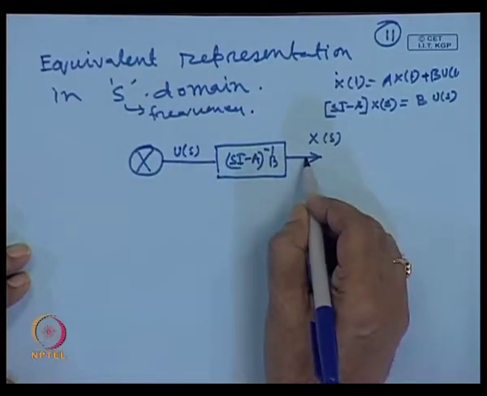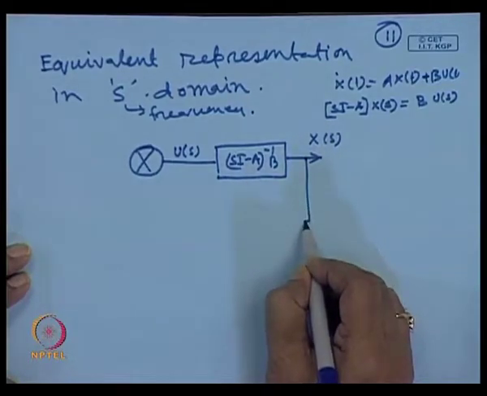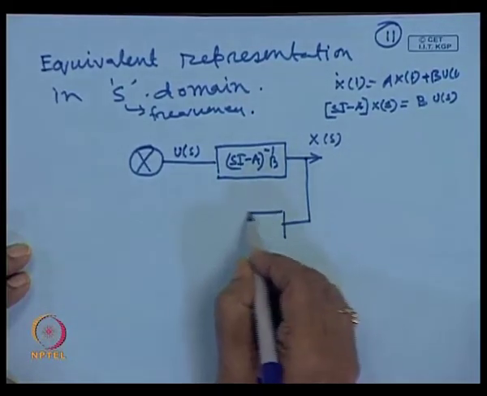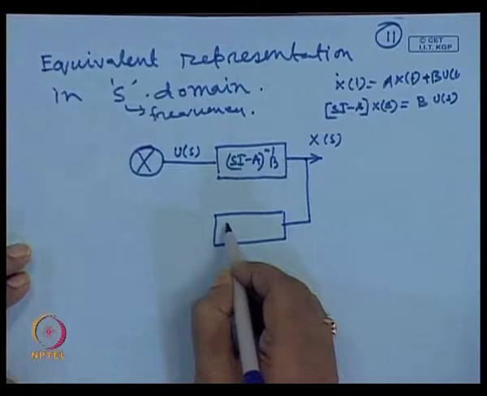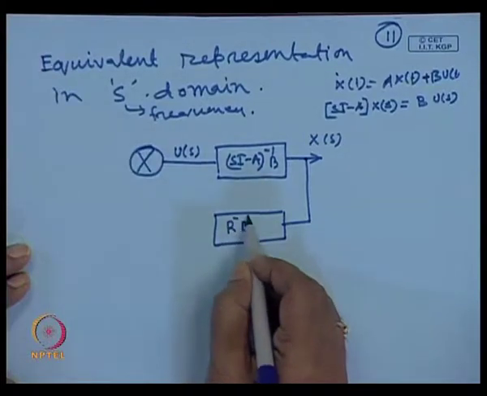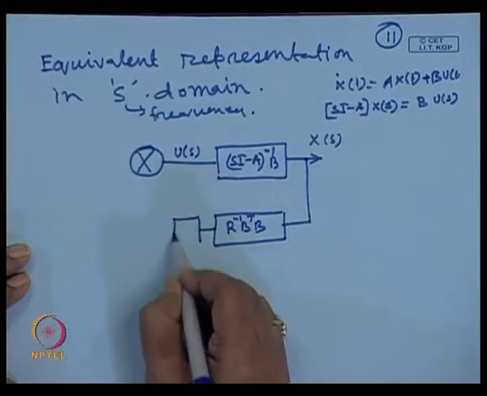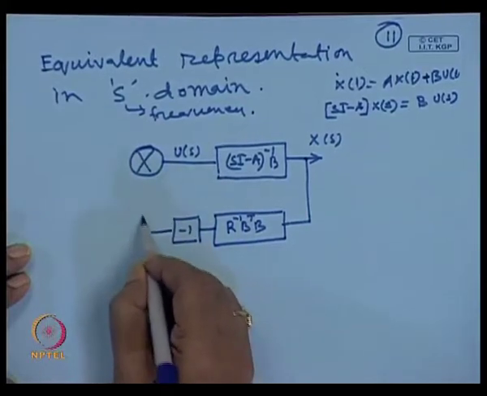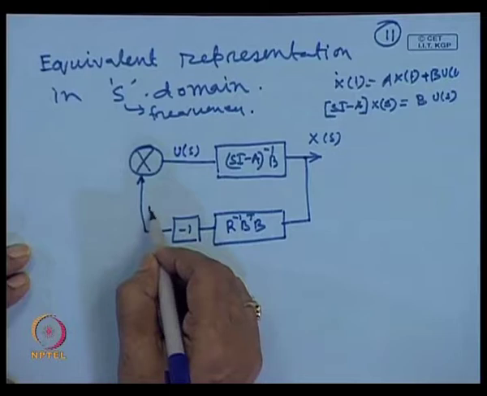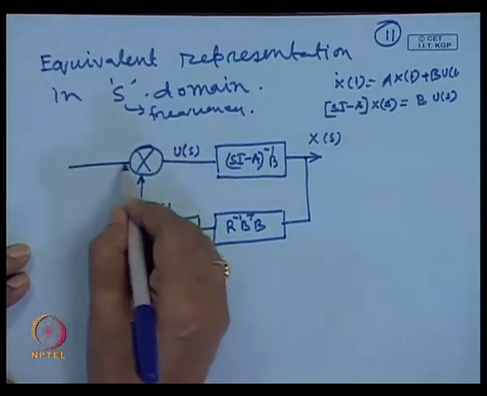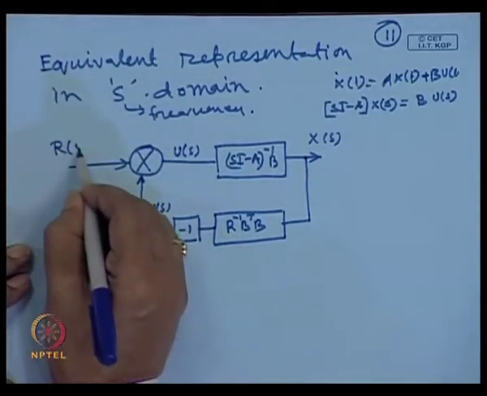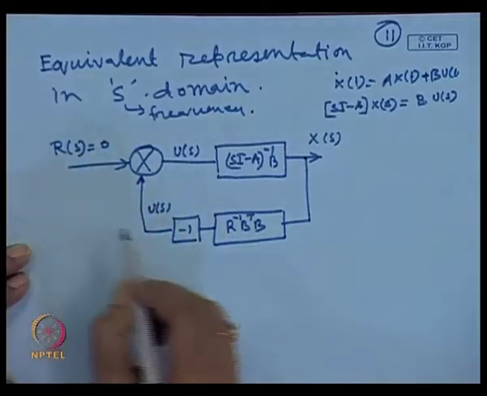Then this goes to the controller in the S domain. Our controller is R inverse B transpose P, multiplied by minus 1, and that comes here as our u of s, and R of s is equal to 0.